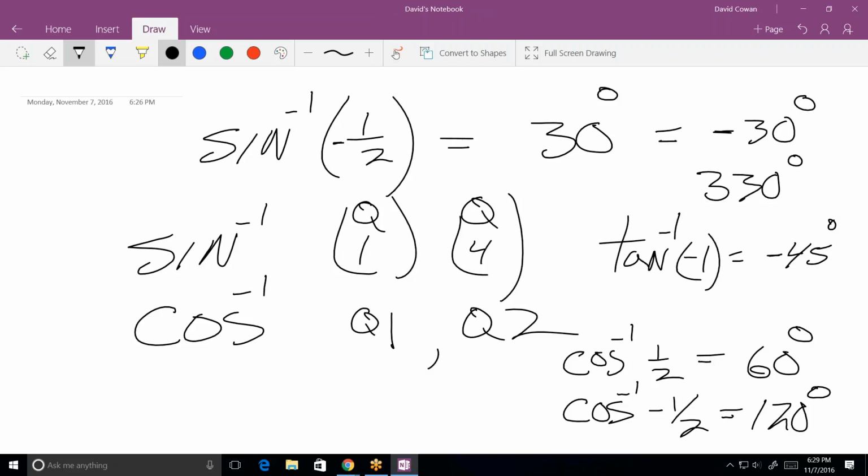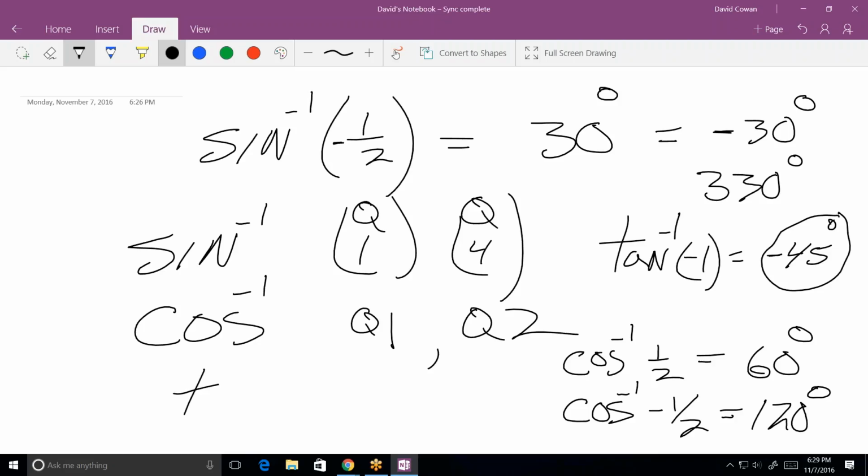And this is the way your calculators work also. In other words, if you do inverse sine of a negative number, it gives you a negative angle in the fourth quadrant. It never gives you the third quadrant angle. Just like inverse tan of -1, well, not only is that minus 45 degrees, but it's also a second quadrant 135.